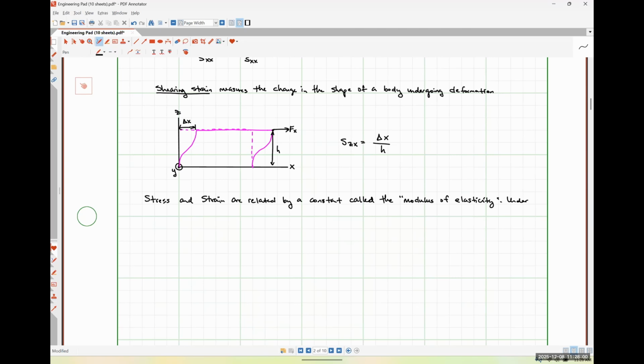Under small deformations, stress and strain are linearly proportional. So we might have the relationship, sorry, that should be a T, not an I.